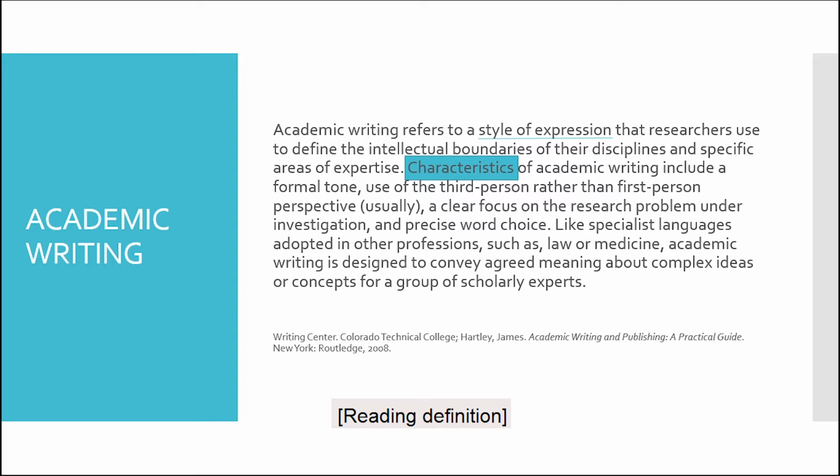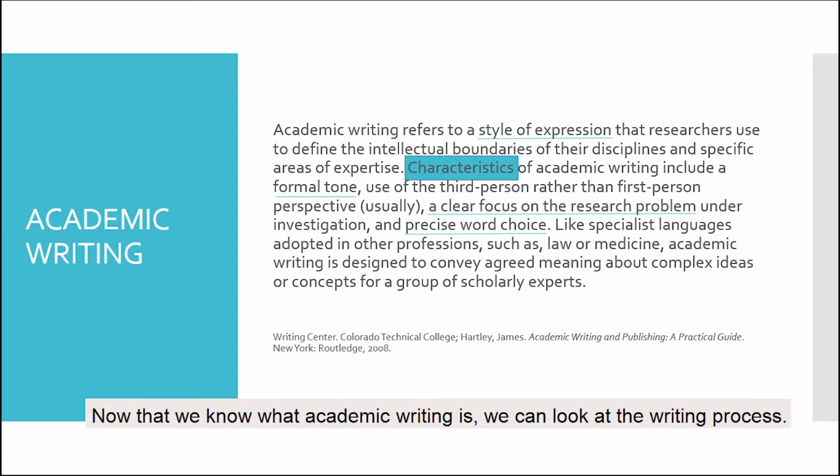Characteristics of academic writing include a formal tone, the use of third person rather than first person perspective, which is usually used, a clear focus on the research problem under investigation, and precise word choice, which will refer to legalese. Like specialist languages adopted in other professions such as law or medicine, academic writing is designed to convey agreed meaning about complex ideas or concepts for a group of scholarly experts.